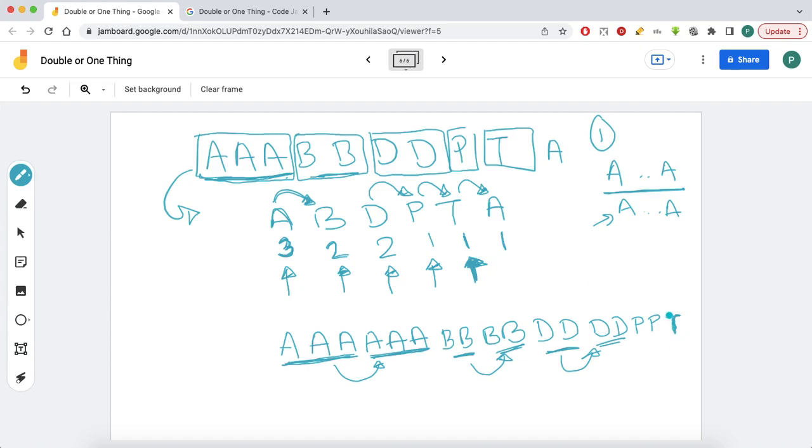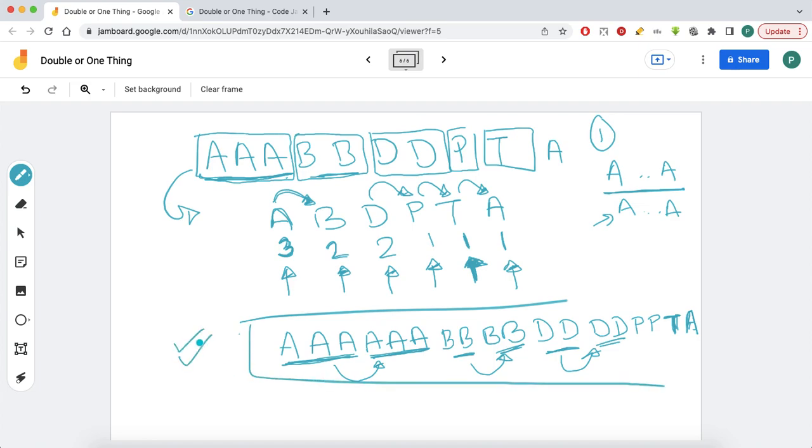So this T becomes T itself. This was 1 T, so just 1 T. And we are at the last character, simply just 1 A. So we just simply write 1 A. So this entire thing is the answer that we need to return.